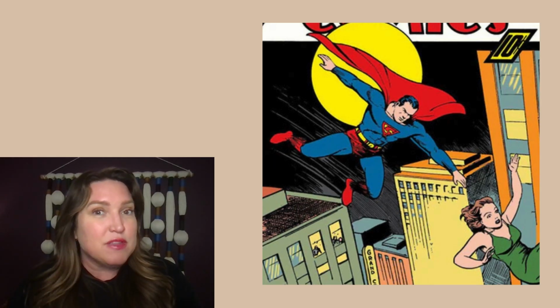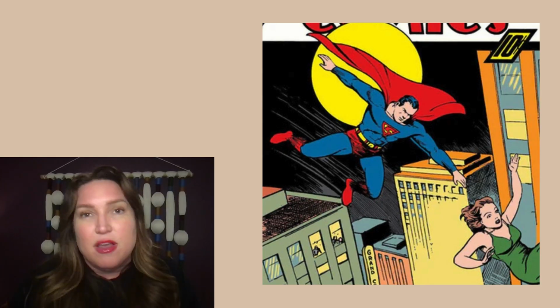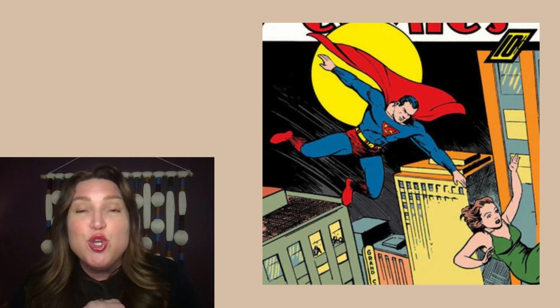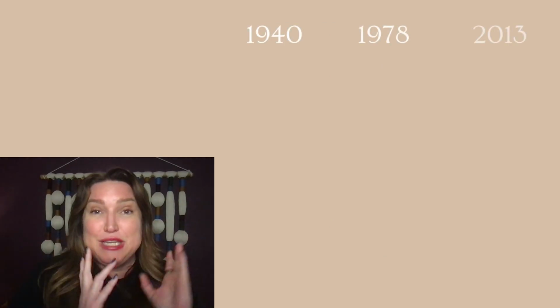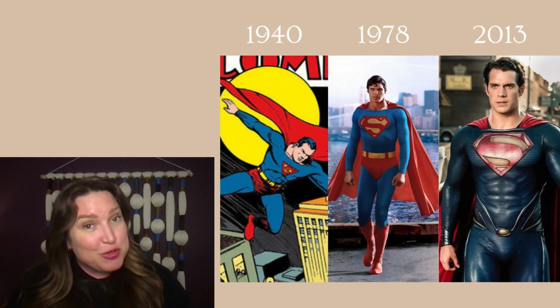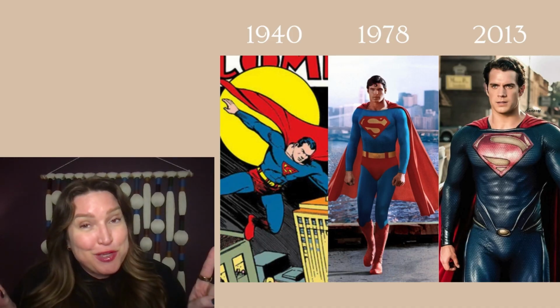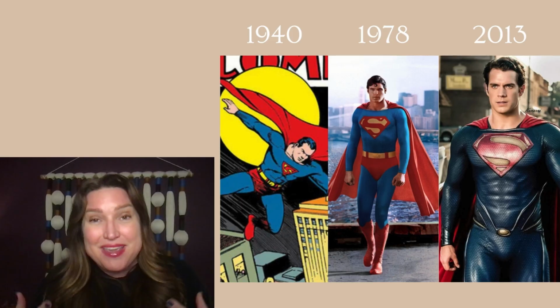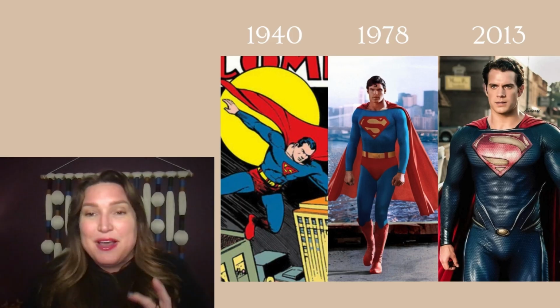But it has to be all of this put together, because not every dark-haired guy who flies is Superman, because there's also Batman, right? When you look at images of Superman, here we see an image of Superman from the 1940s, the 1970s, and the 2000s. And if you look at all three of these images, he's pretty much wearing the same thing. It changes a little bit.